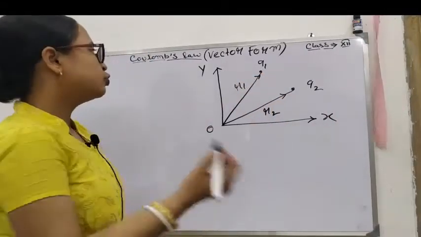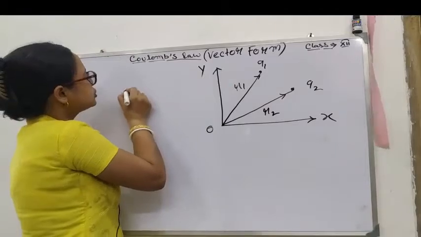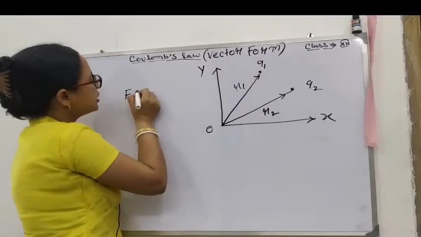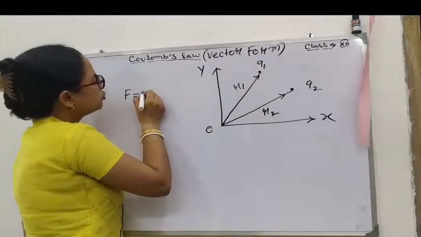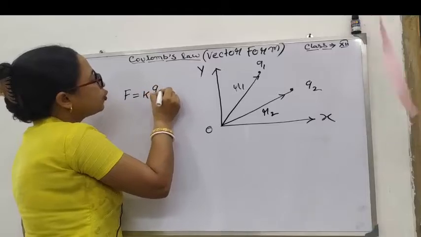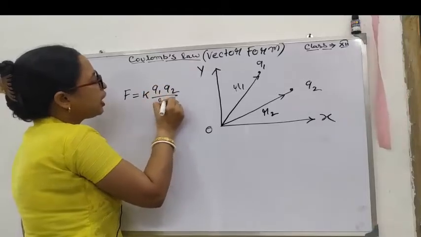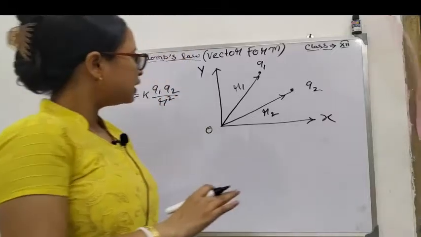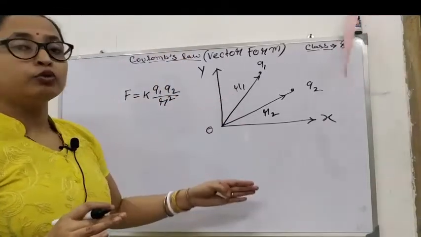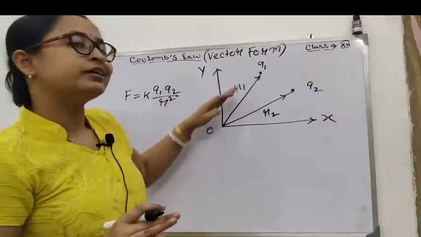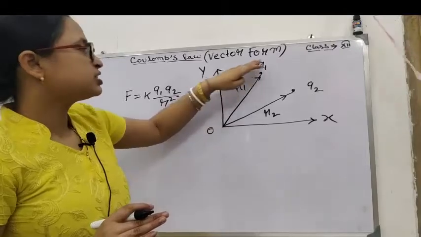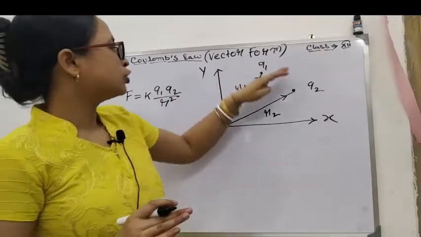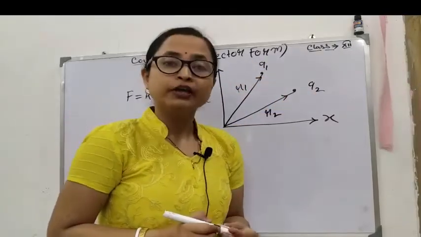Now, according to Coulomb's law, we know that the magnitude of the force between these two charges will be K Q1 Q2 by R square. This is the magnitude form of Coulomb's law. But in vector form, we consider the direction also. R1 is the position vector of Q1 and R2 is the position vector of Q2.